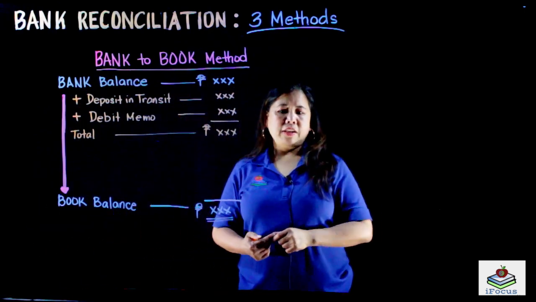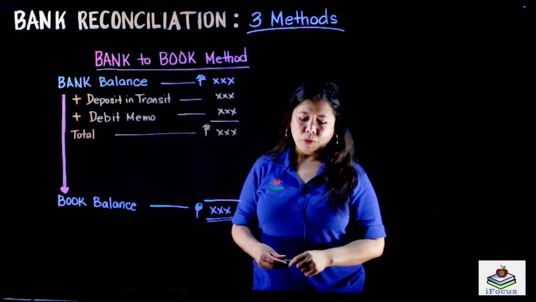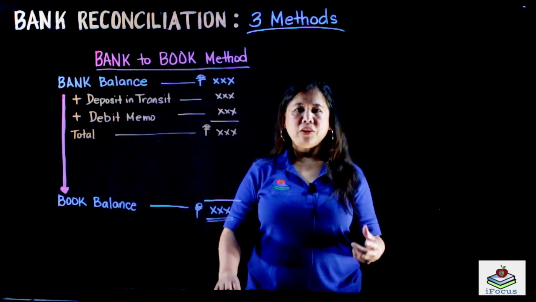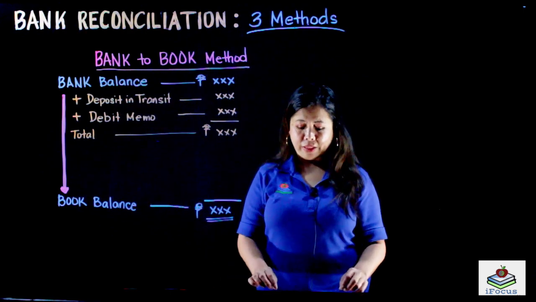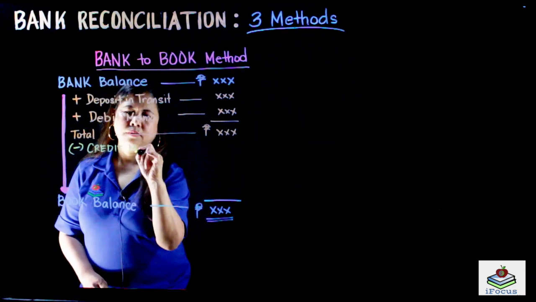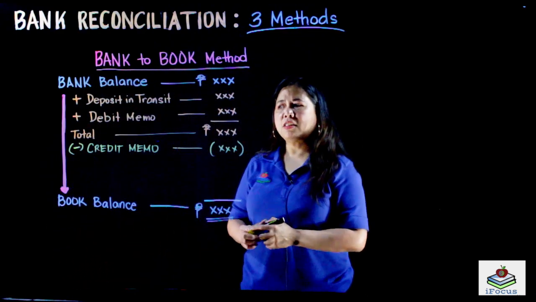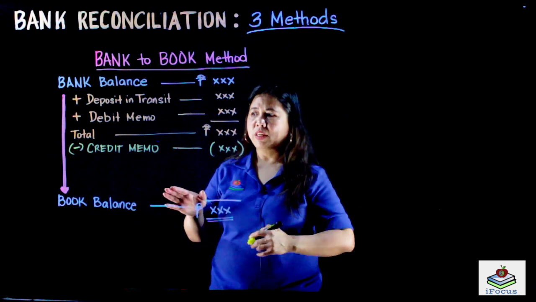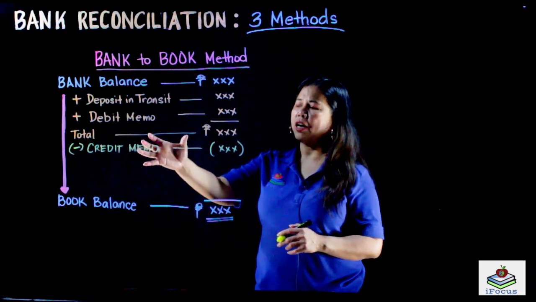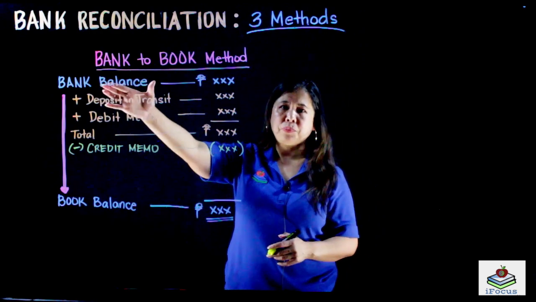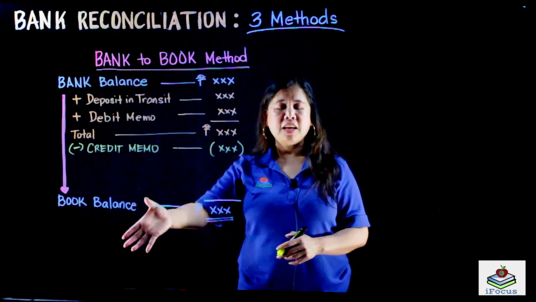Another reconciling item is the credit memo. Ang credit memo ay mina-minus natin sa ating bank balance to get our book balance. So, bakit natin mina-minus ang ating credit memo? So, ang credit memo, ito ay addition to the bank balance. Pero sa book, hindi pa siya na-add.